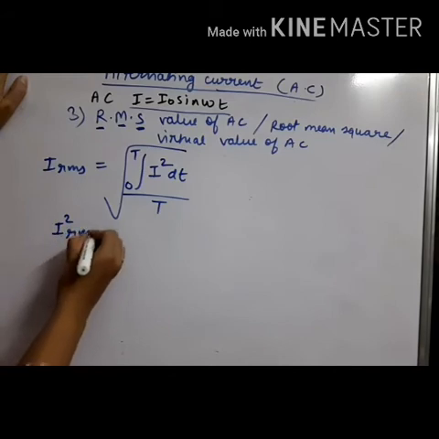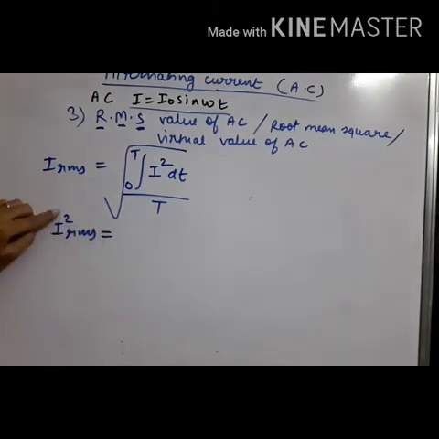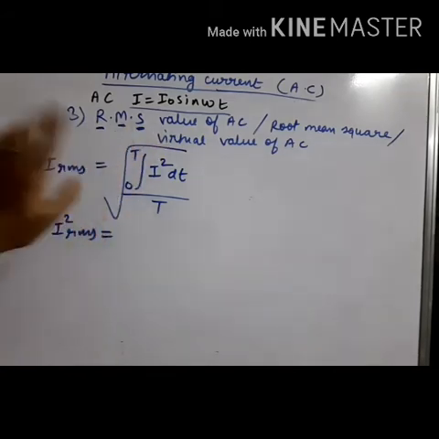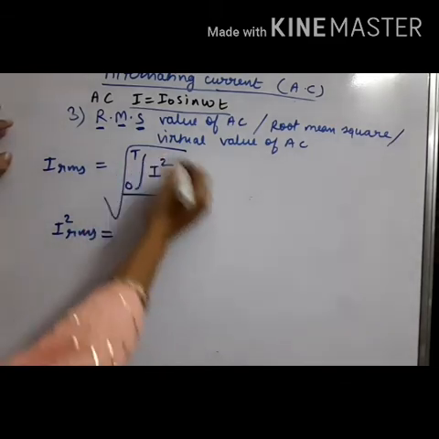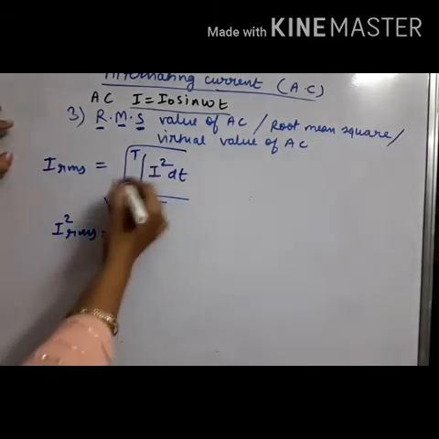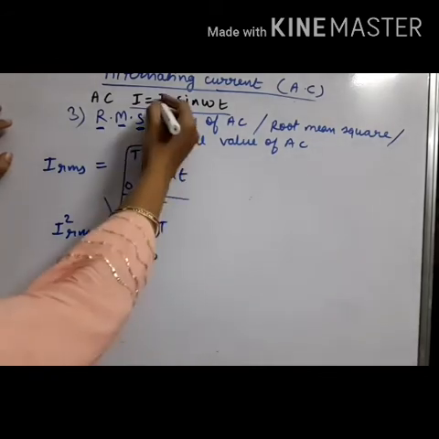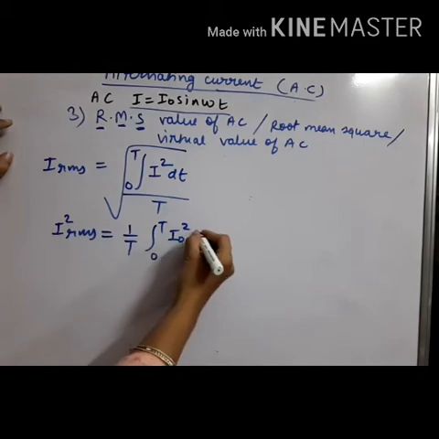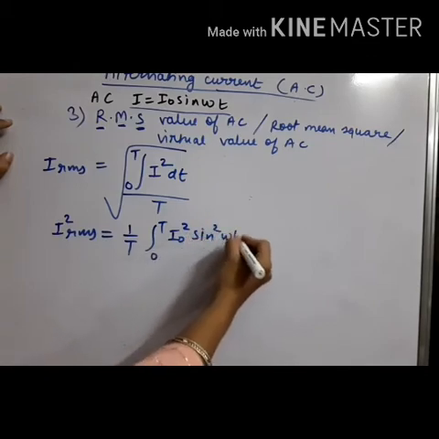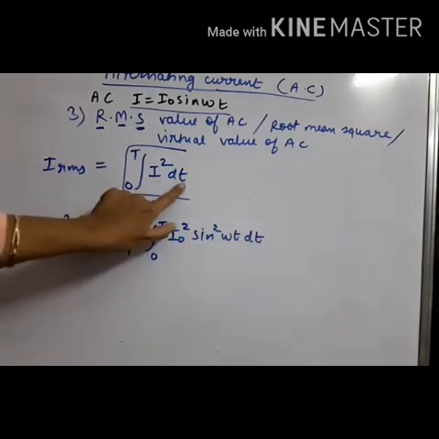First of all, I am writing here IRMS square so that I don't have to put the root again and again. After this, now this part 1 by T is out, 0 to T integration of I square. So I square means I0 square sin square omega t and dt.